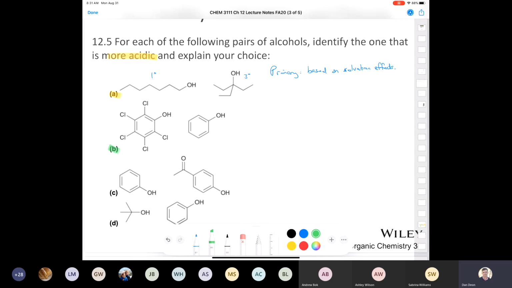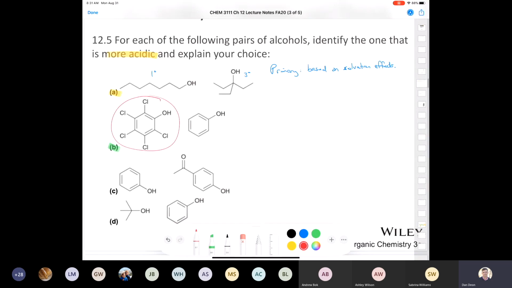Somebody says the second one, the one with the Cl, the chlorinated one. Yeah, it's the chlorinated one, and I'll tell you why. Actually, let me ask you guys. Could anybody give me a one-word answer as to why this will be more acidic? Exactly. Induction.